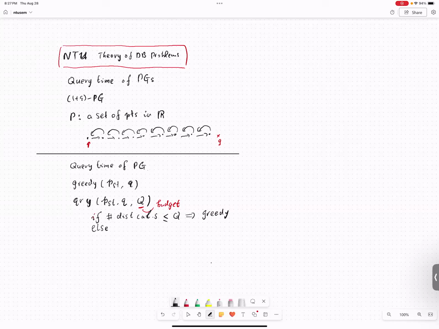This d min is greater than 0, because by our definition, if two points are different, then the distance has to be strictly positive. So d min is the distance between two different points. We define delta to be the ratio d max over d min. This is the aspect ratio.